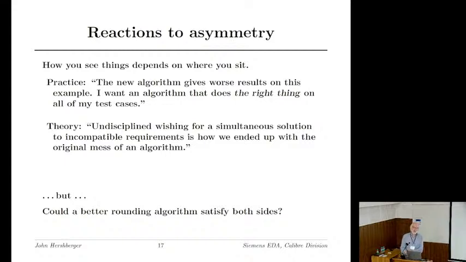Somebody like me can climb up in my ivory tower and say, this kind of undisciplined wishing for a simultaneous solution to incompatible requirements is how we ended up in this mess. But it's a hard sell. And I started to wonder whether maybe there could be a better rounding algorithm that would make everybody happy.